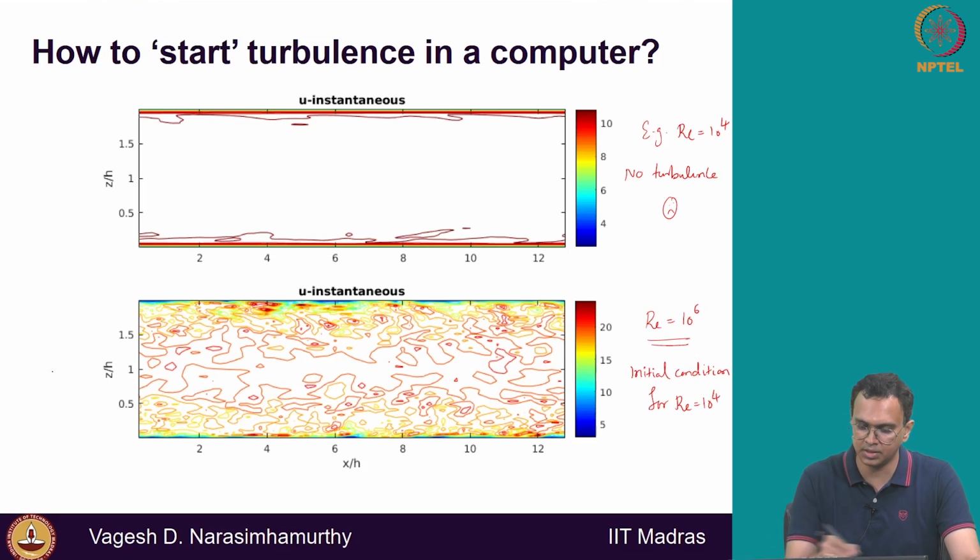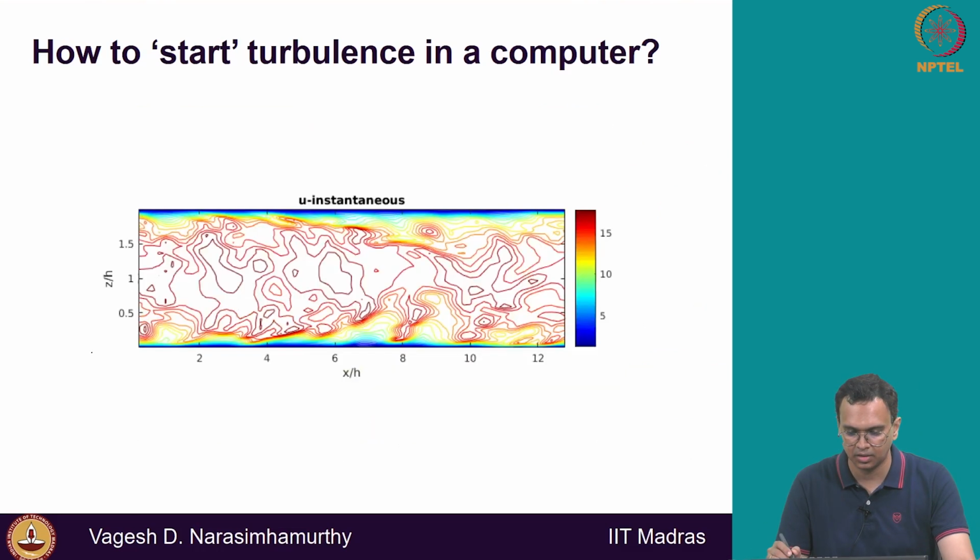Using this, I get this as the final converged solution. Now you see the difference between this case and the other one. Turbulence has sustained. I ran it for a very long time to see it is sustaining. So you can do this technique.